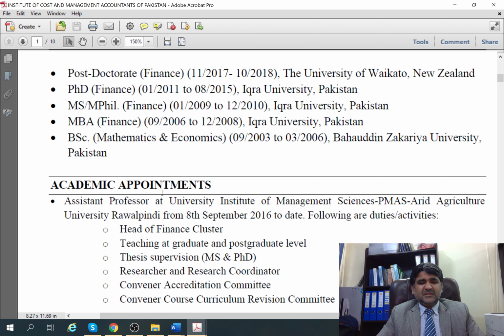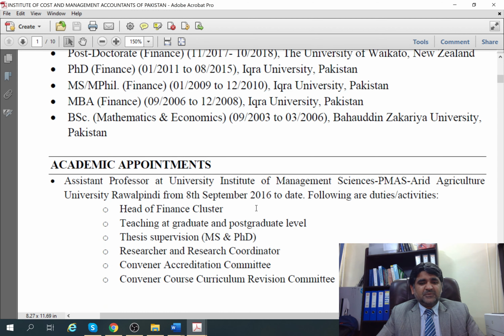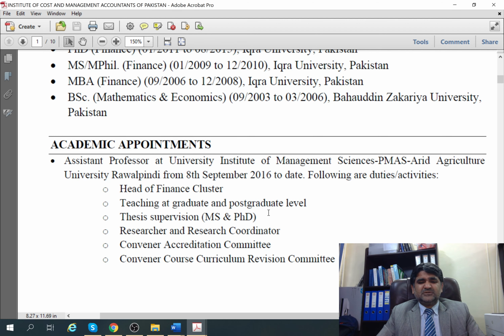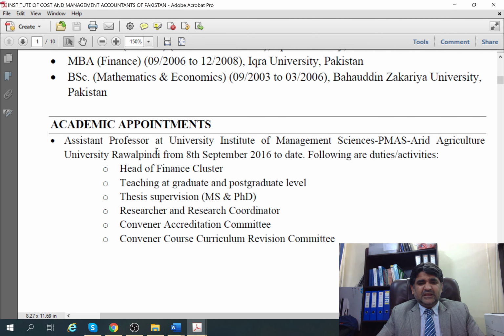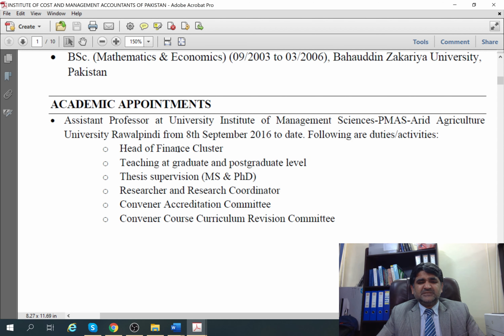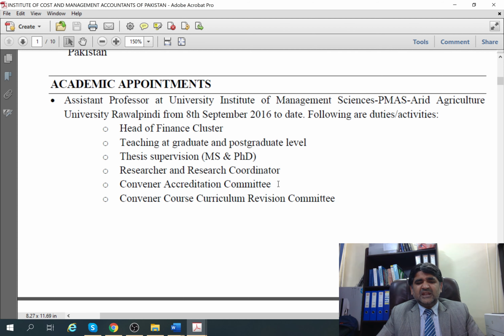Then you can place the head of academic appointments. Your experience is there. You can start from your recent job and go to your preceding jobs, and under each academic appointment you can mention the major assignments in which you are involved. Like I have written head of finance cluster, teaching at graduate and postgraduate level, thesis supervision, and so on.